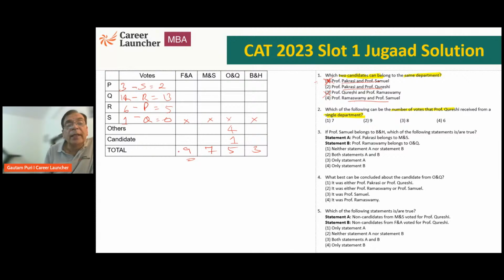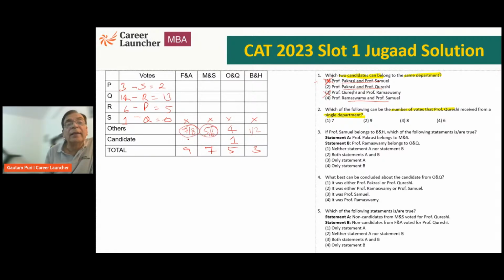If there are 2 candidates here, there will be minimum 7. So the non-candidates from FNA are either 7 or 8, the non-candidates from MNS are either 5 or 6, and the non-candidates from BNH can be either 1 or 2. And all these people will vote for the same candidate.